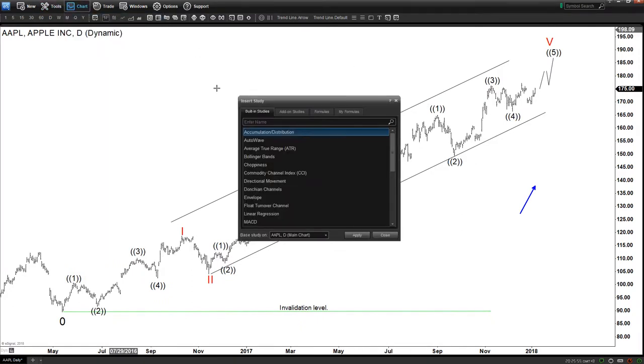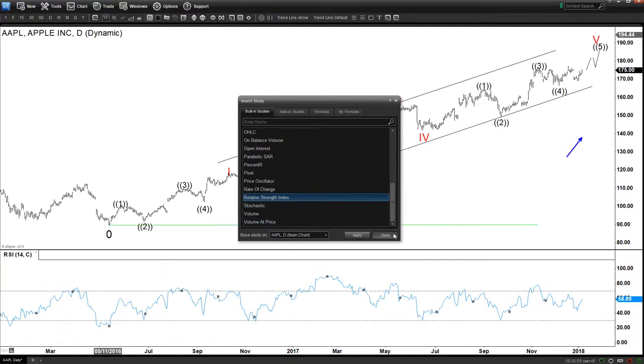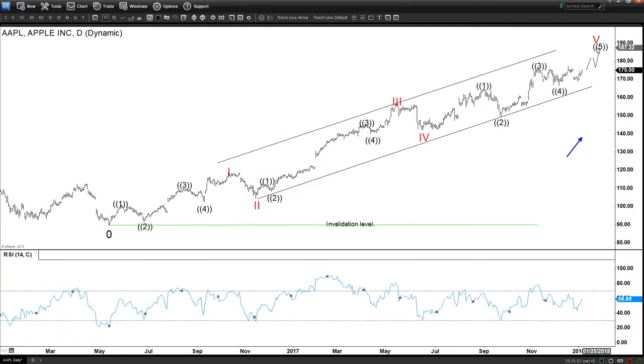Now let's take a look at the RSI, the momentum. As we say, in the last push to the upside, we should see RSI divergence. So we can see that even though we keep making a new high here in Apple, this is really the highest RSI, and then from that point you have a lower high in the RSI despite having a higher high in price.